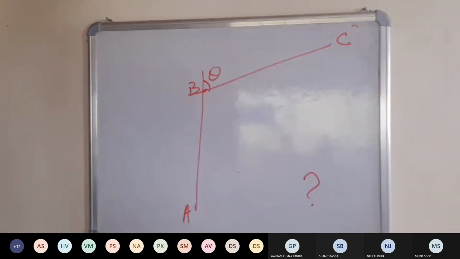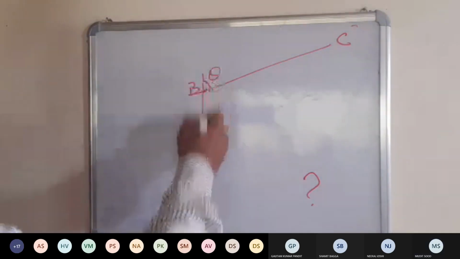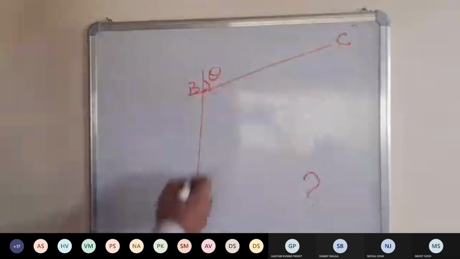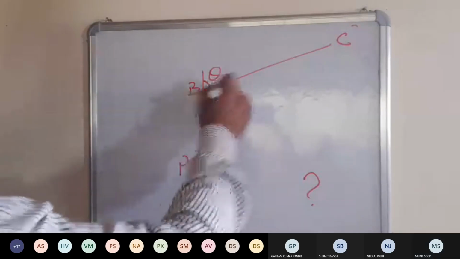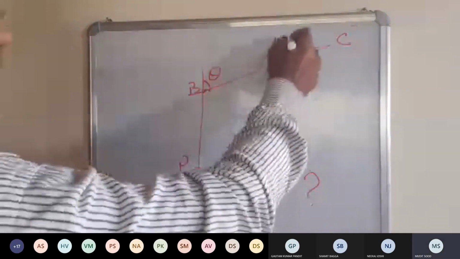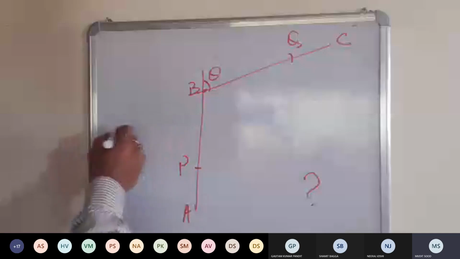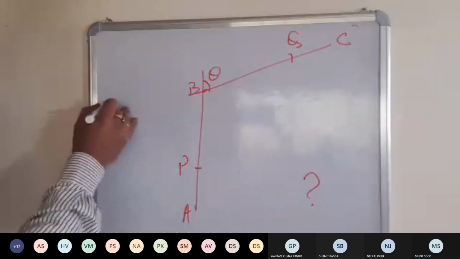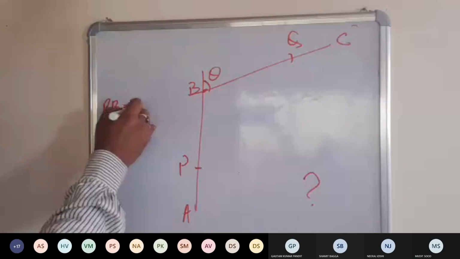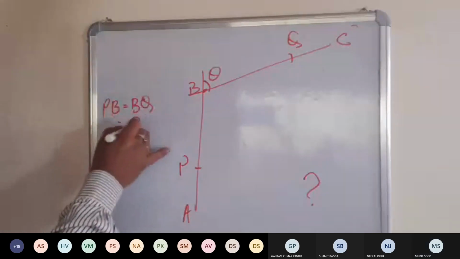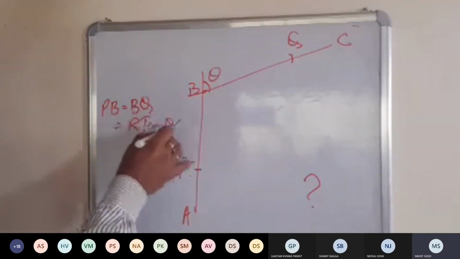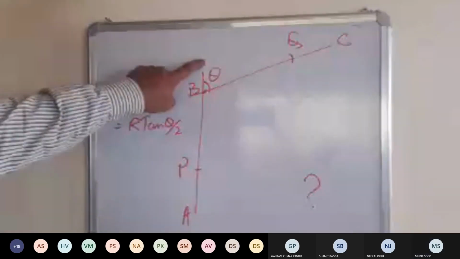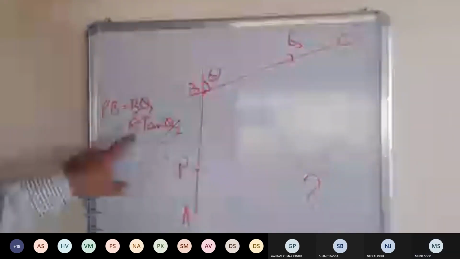So what we do? We first decide the radius. After drawing the initial and final course, we decide the radius. And on the initial and final course, we cut 2 points in such a way that, in this case, PB is equal to BQ is equal to r tan theta by 2. We have the theta, we have decided the radius.